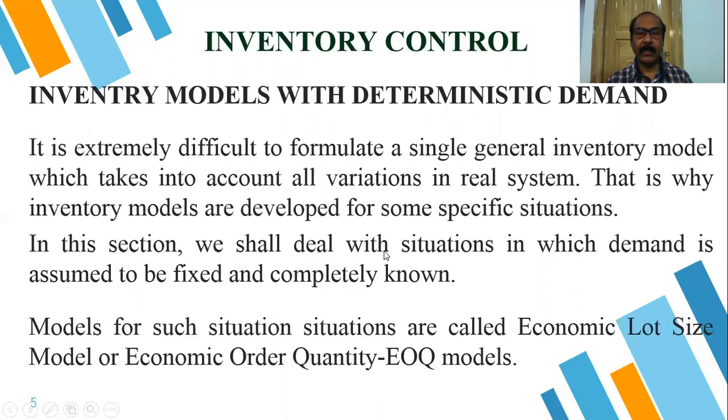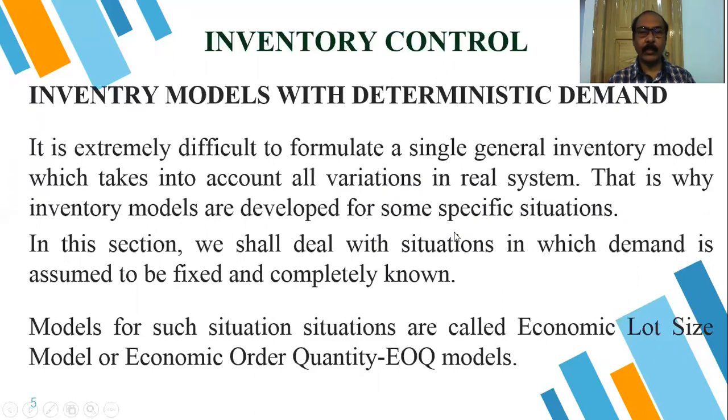Sometimes, when shortages arise, that is a loss for the company because they lose their goodwill since they cannot deliver the product to the customers. Another is that profit will be lost. So the situation is that if shortage arises, that is one model, and another model is constant production and demand.